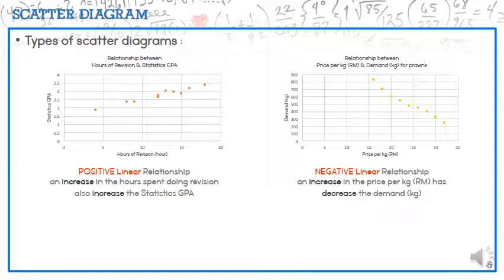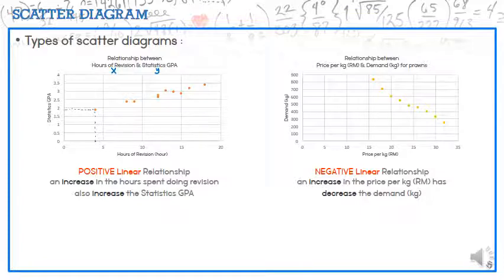Statistics GPA depends on it, so this one is the dependent variable. And hours of revision will be my independent variable. So from here, we can see that when your hours of revision is approximately 4 hours, estimated GPA is approximately 2.